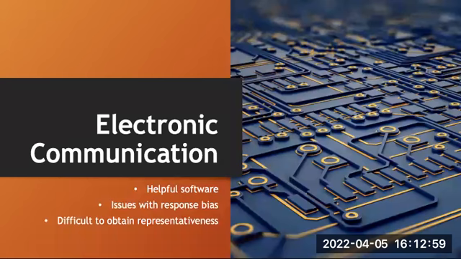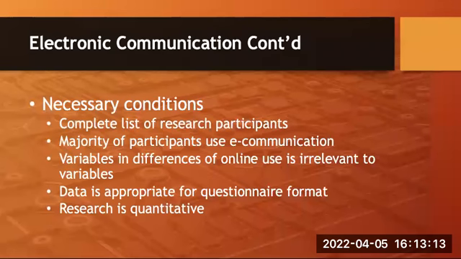Another way is electronic communication. Some issues that you may experience are response bias, and it may be difficult to obtain representativeness. The necessary conditions for this type of data collection include completing a list of research participants, and the majority of participants need to know how to use electronic communication.